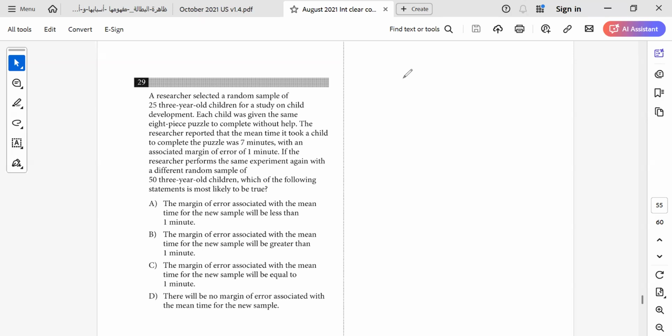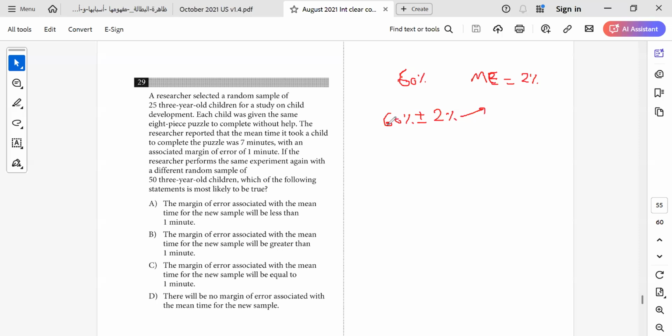You only need to understand the meaning. If you got a result, for example, 60% of the students like math, but we have a margin error of 2%, then my accurate result should be 60% plus or minus 2%.